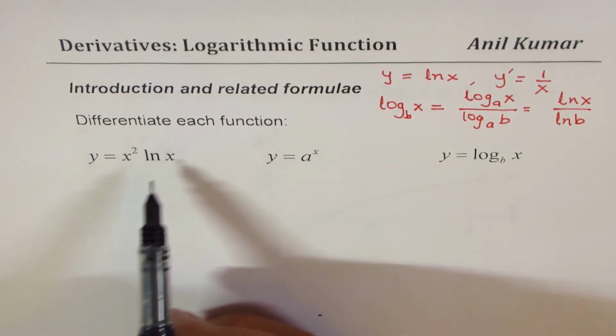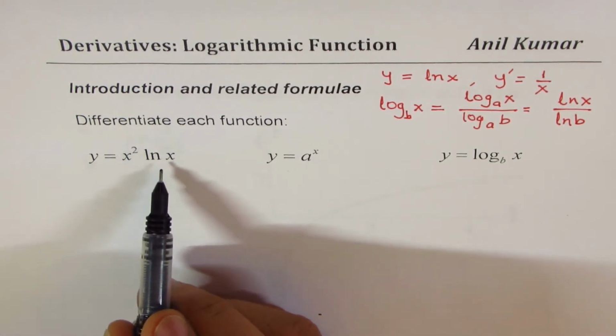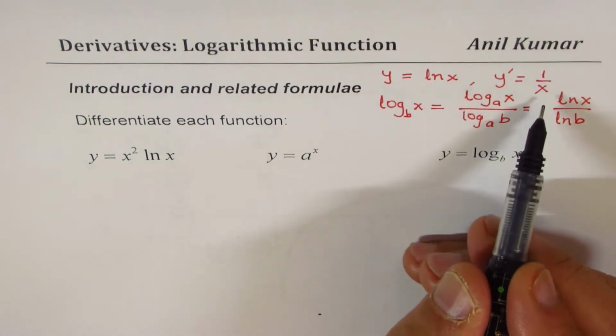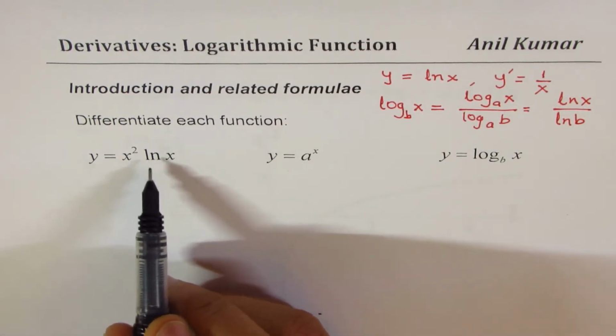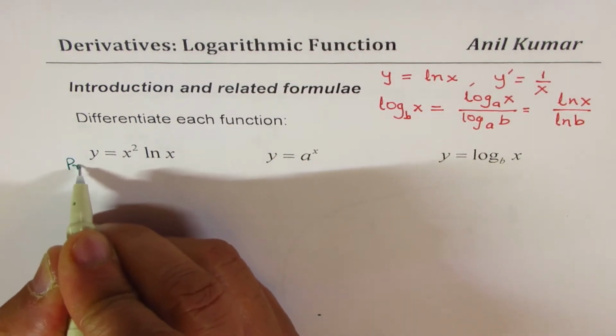We need to differentiate each one of them. First one here is y equals x squared ln x. You know derivative of ln x is 1 over x. These are two functions, so we'll apply the product rule.